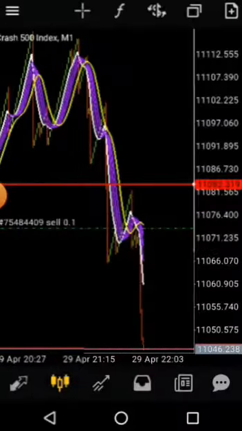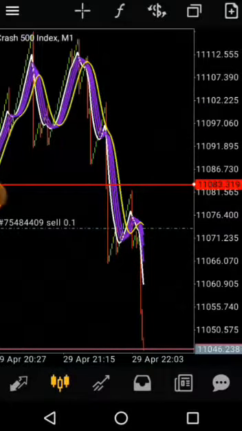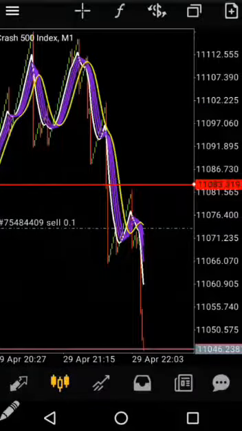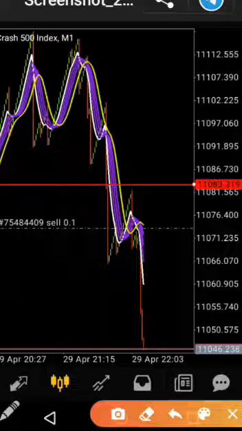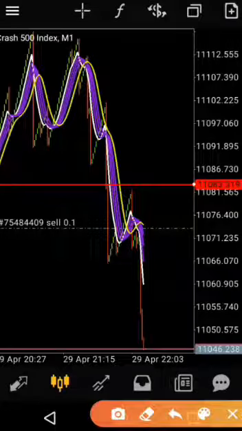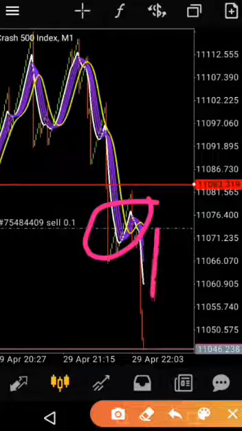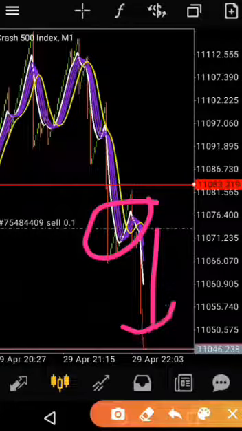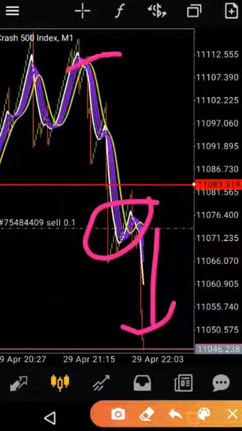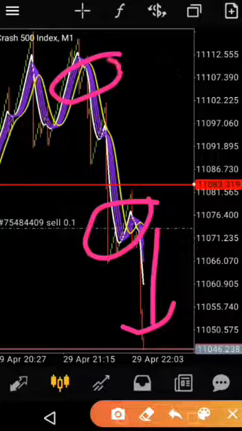You see the next picture, it fell from there. The crash happened from there, and it went right down. Why? Because there was a cross of the moving averages at the top over there.